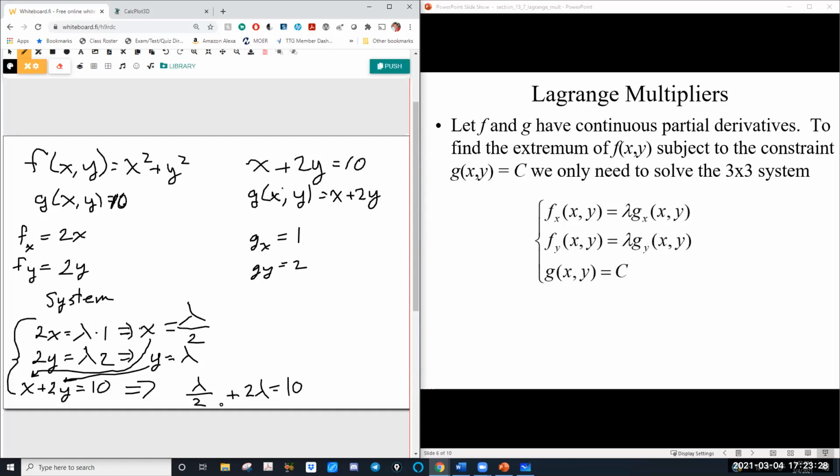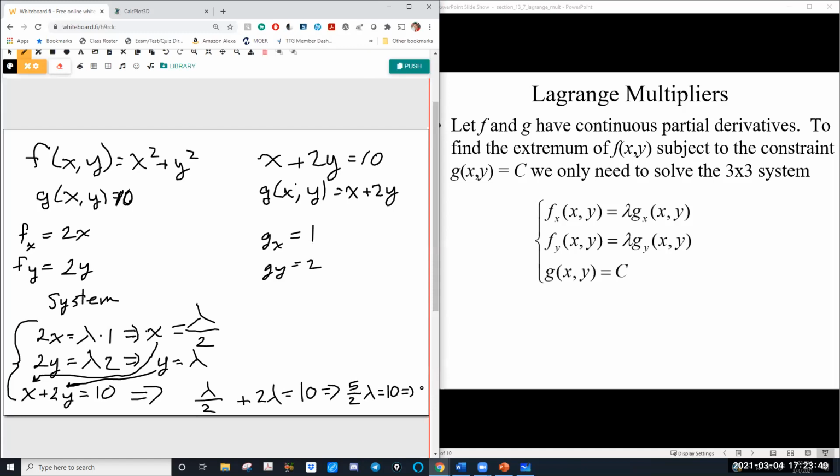And I get something I can solve for lambda. All right. Adding those together, I'm going to get 5/2 lambda equals 10, or that lambda equals 4.